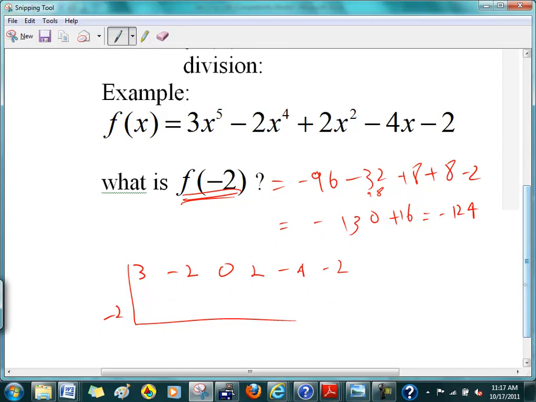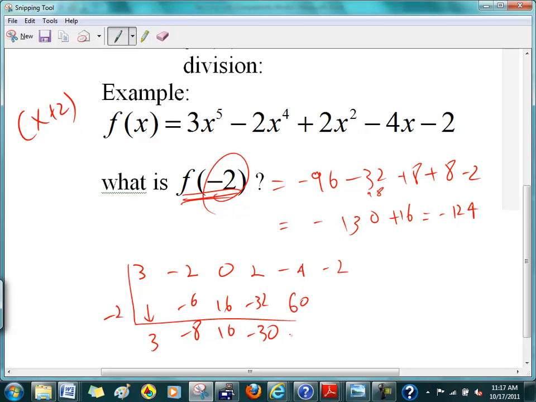Is everybody with me on that? You don't reverse this. You reverse it only when it's something like x minus 2. So bring this down, you get a 3, a minus 6, a minus 8, a 16, a negative 32, a negative 30, and that'd be 60, and that'd be positive 56, negative 112.